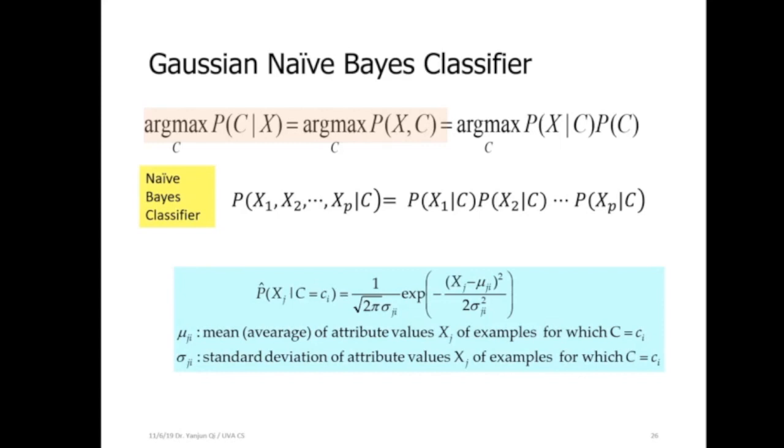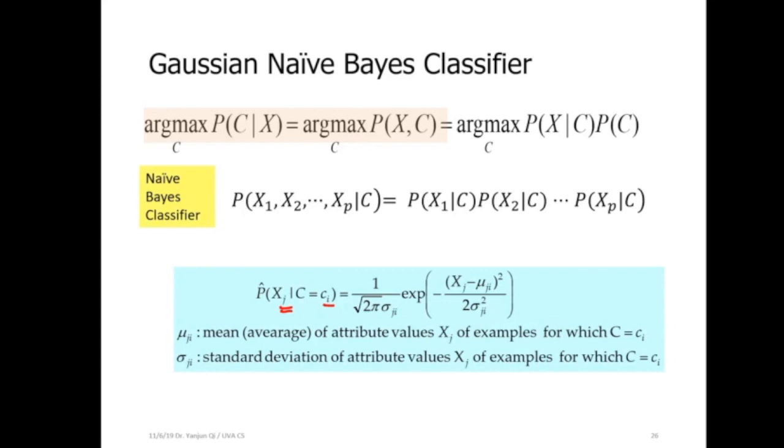Assuming the class label is a specific class label Ci, and my current feature is Xj, its probability distribution PDF just uses the formula: the sigma of that feature conditioned on that specific class, and then the mu.